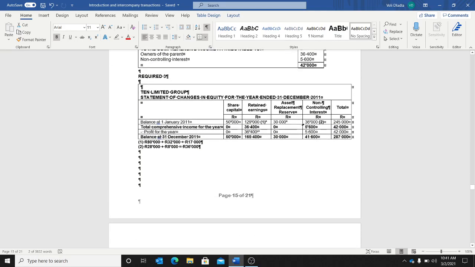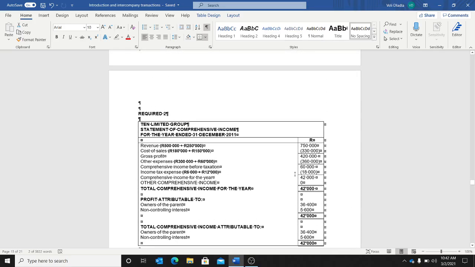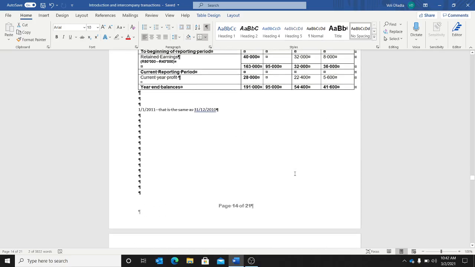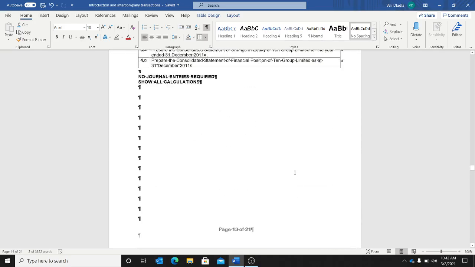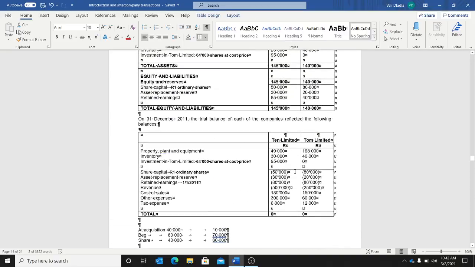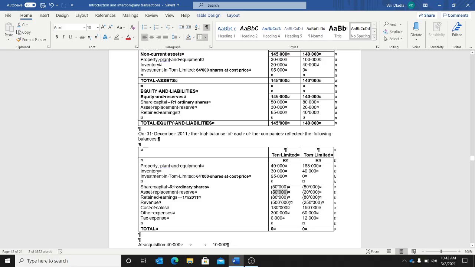to then go on and deal with the next one here, you are saying it is 30,000. This is how you deal with this. You say P, meaning the holding company. The holding company is 30.